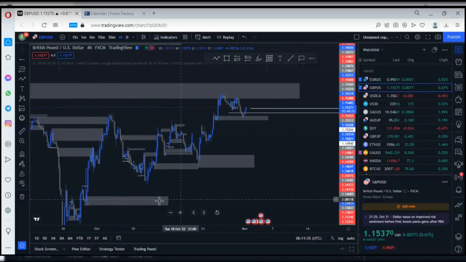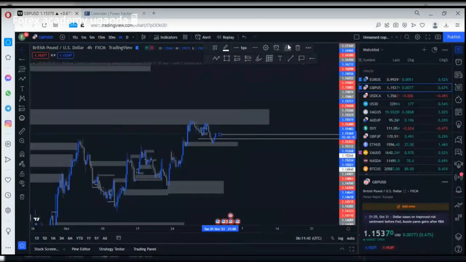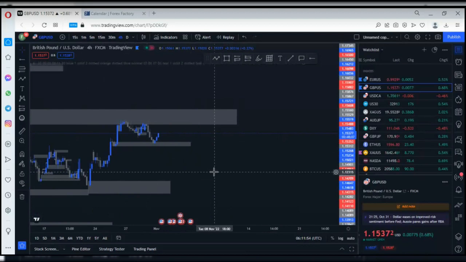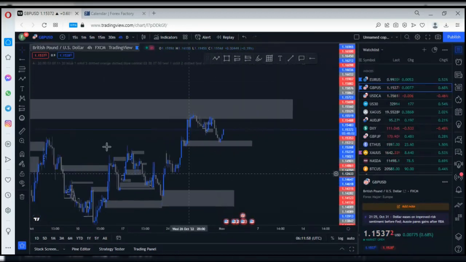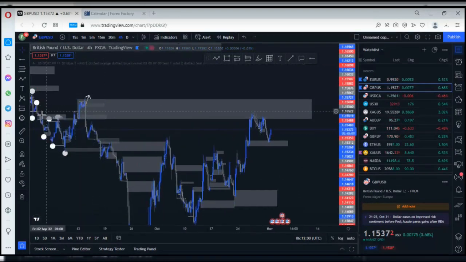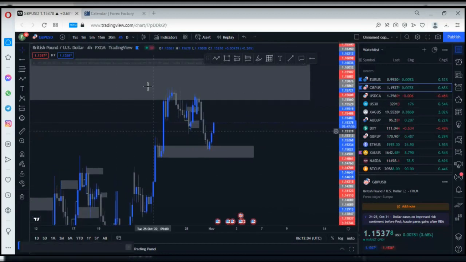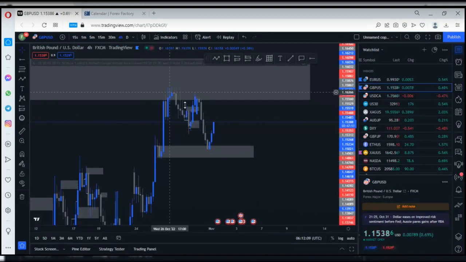So we have this. By the way, this is a daily supply. And with GBP USD reacting off it, we didn't get anything like a choke on the H4.